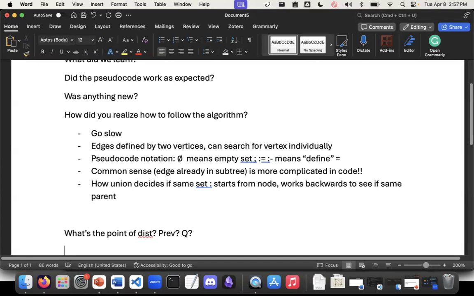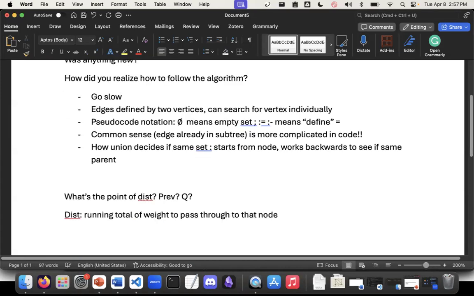For both, the distance, you're keeping a running total, the total weight, of what you get from whatever starting point you have. And then previous is the node that you went through before that.